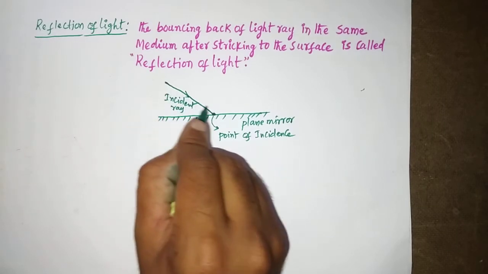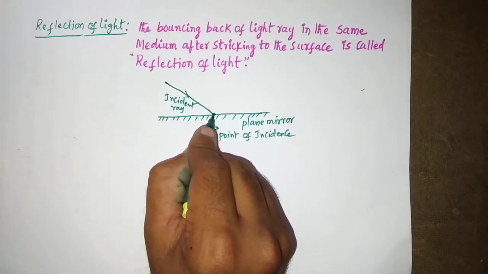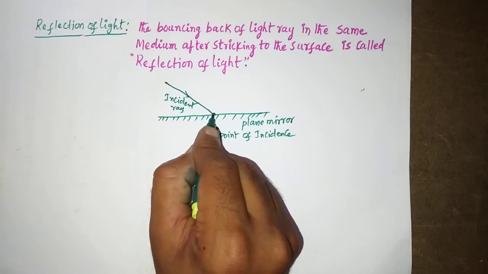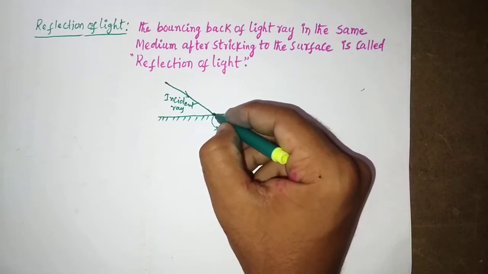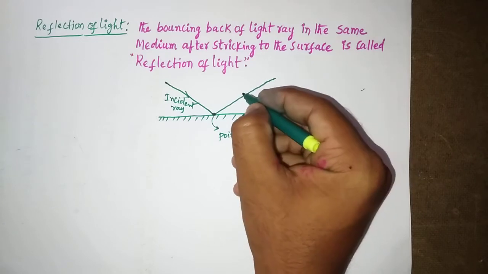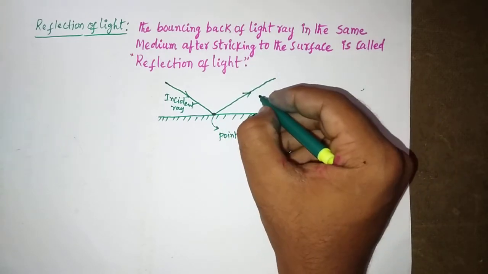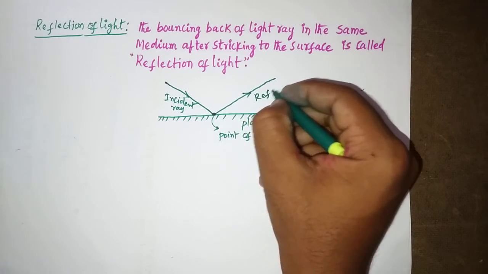When the incident ray strikes the plane mirror, or the surface, it bounces back into the same medium. This bounced back light ray is called the reflected ray.